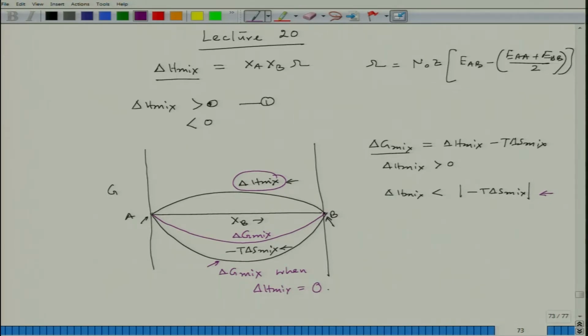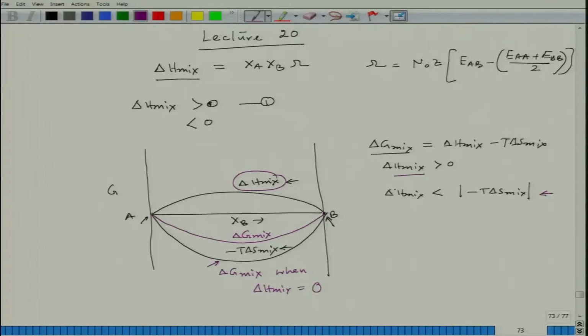That means the only difference is how steep the ΔG mix is going to be. If ΔH mix is positive, then the negativeness of ΔG mix would reduce.